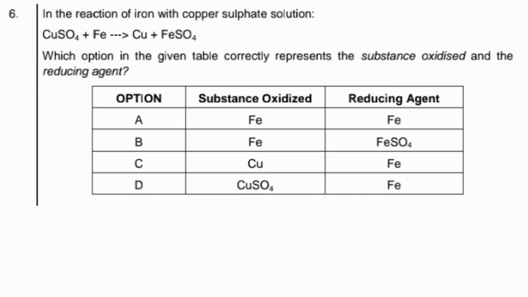Now question number 6 is, in the reaction of iron and copper sulfate solution, which option in the given table correctly represents the substance oxidized and the reducing agent? In this reaction we can see iron is getting oxidized to iron sulfate and copper sulfate is getting reduced to copper. So the substance oxidized is iron.